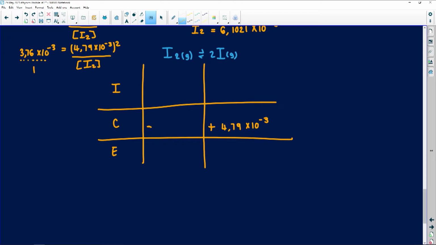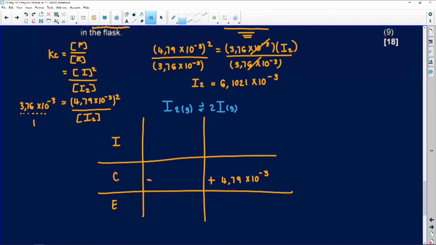Now remember, I just calculated my concentration for my I2, which is here. So I'm going to say 6.1021 times 10 to the negative 3. Let me just write mole dm3 to show that that's concentration.